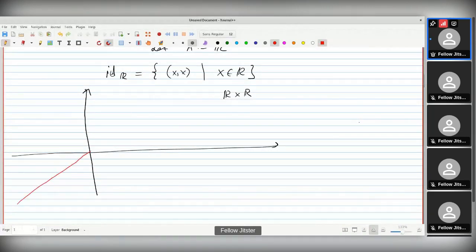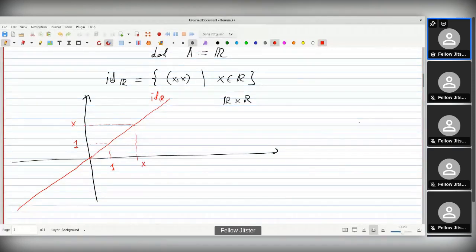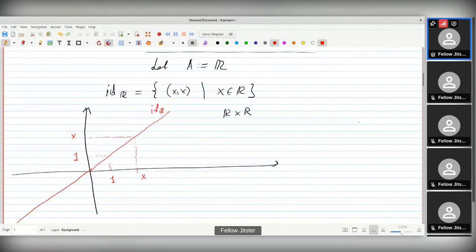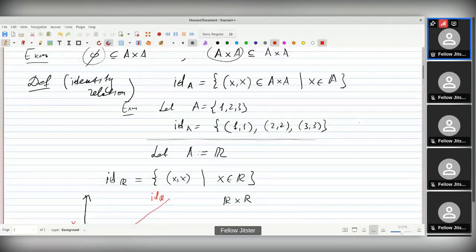You would obtain this diagonal line, the identity function. This line is exactly the set of all such pairs. The identity relation is just this line, a graph of our identity function. Is this idea clear? Yes.